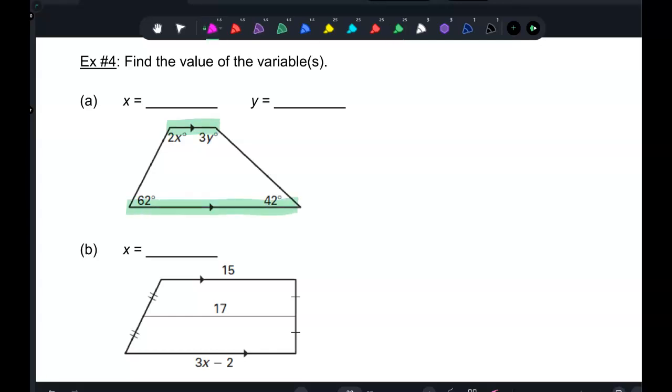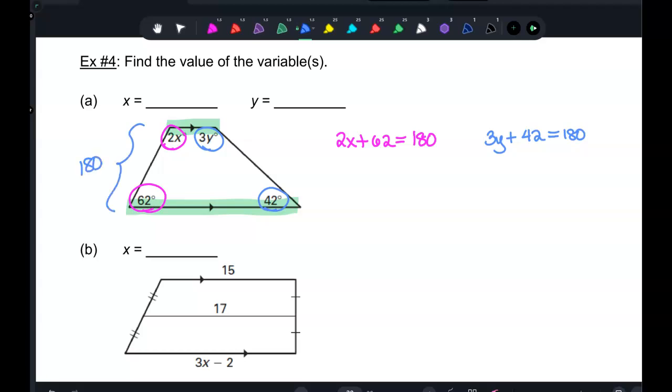So I know 2x and 62 have to add up to 180. And on the other side, 3y and 42 have to add up to 180 because these are same side interior and these are same side interior.